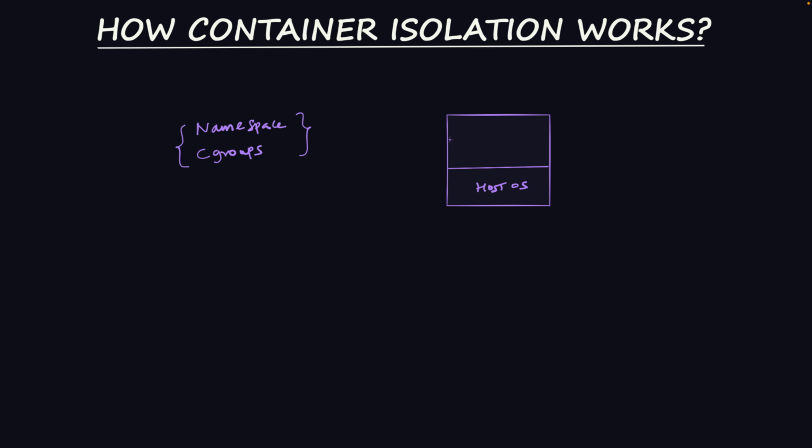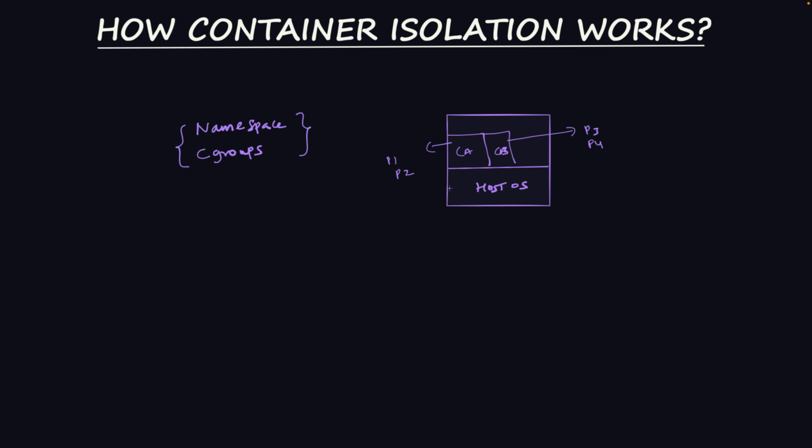So if this host operating system has multiple containers, say container A and container B, if each of these have their own processes, let's say for example container A has process 1 and process 2 and container B has process 3 and process 4, then we don't want process 1 and 2 to see process 3 and 4 and also any other process running within a host operating system.